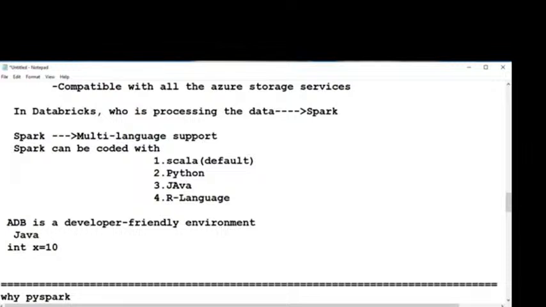In Scala, you say var x equal to 10. We use keywords like var or val. In Python, you just say x equal to 10. This is how programming languages differ. Here int, here var, and here there is no need for anything; directly you say x equal to 10.